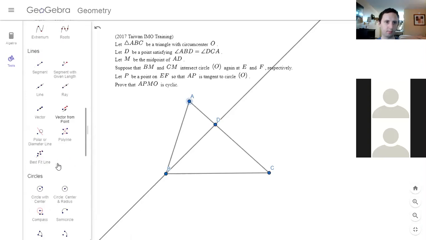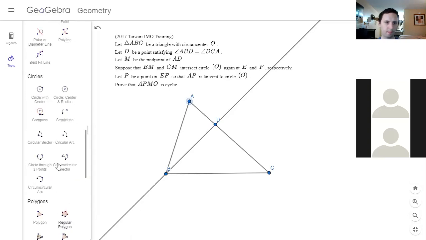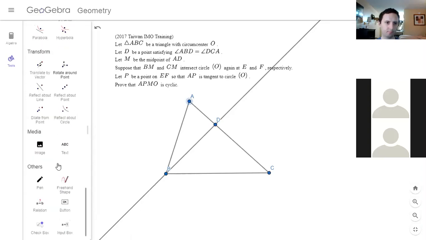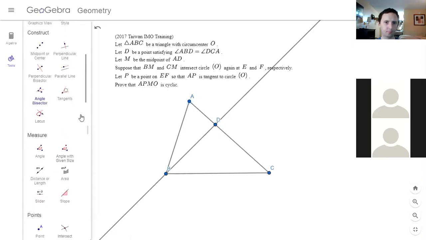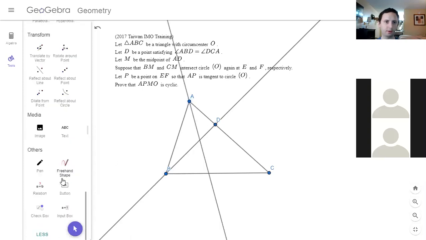First, let me draw the angle bisector, and then I'll reflect B and D over it. There's an easier way, actually. Oh, there is an easy way? What's the easy way?